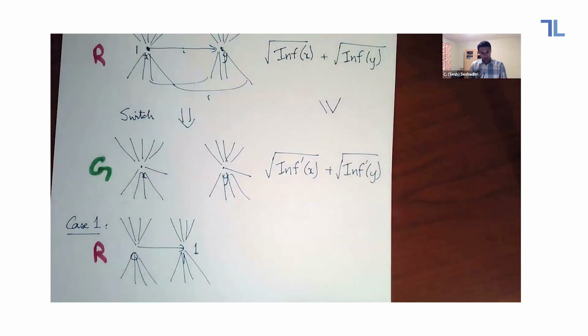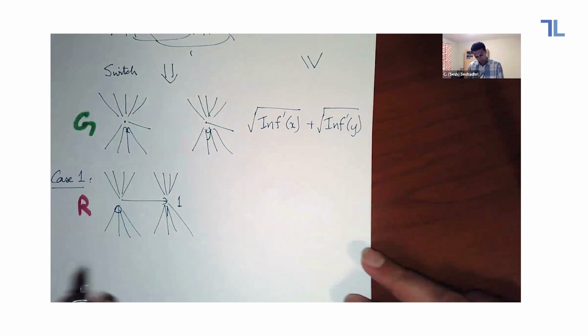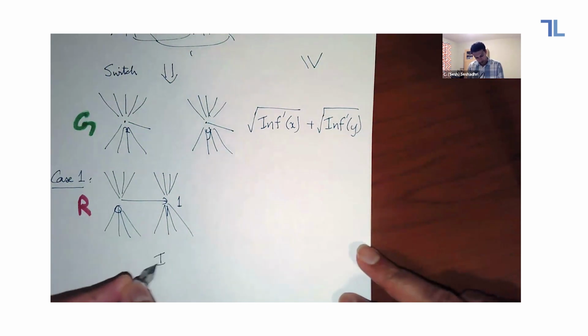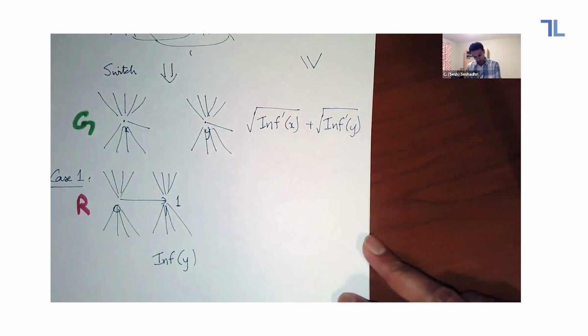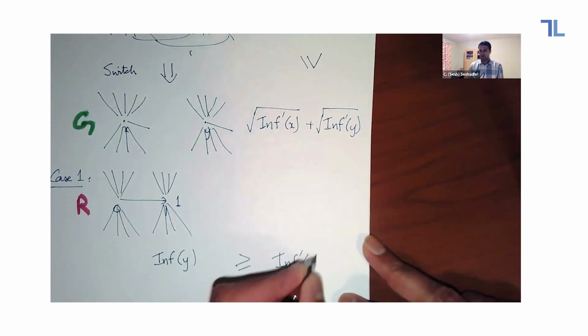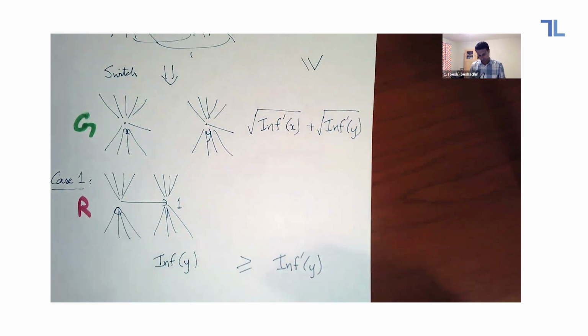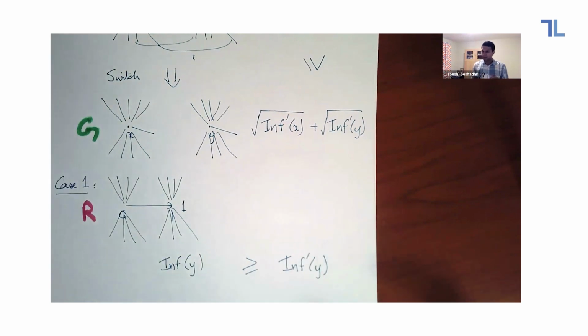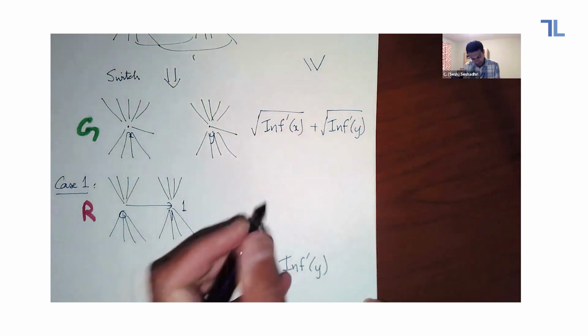So what I claim is that the influence of y, because I'm looking at what's happening at y, is going to be greater than or equal to the influence prime of y. So it's even easier in this case, and this is just the property of the switching operator.